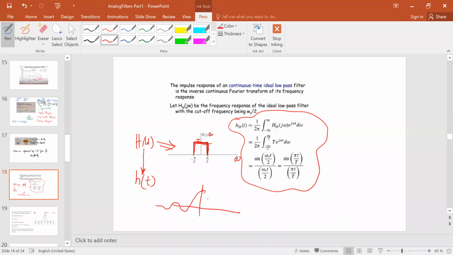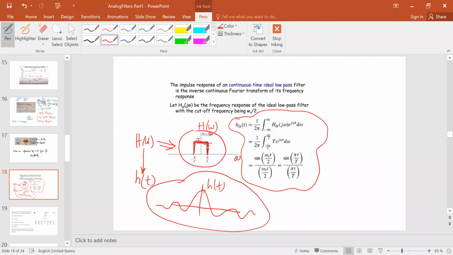Here is H of omega, and here is our impulse response, h of t. So an ideal low pass filter, when we take it to the time domain, has an impulse response that is a sinc function.